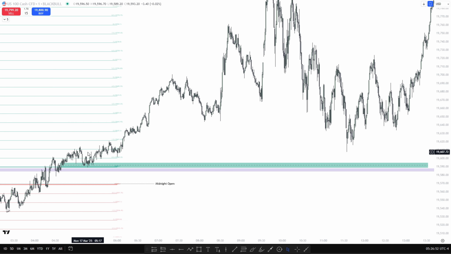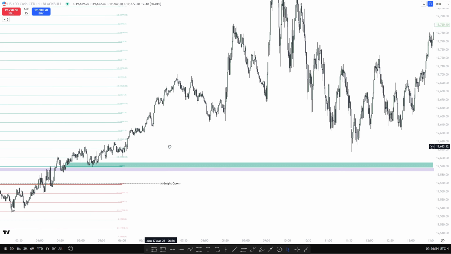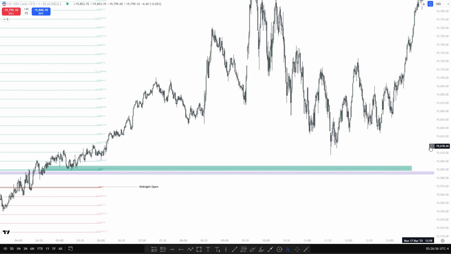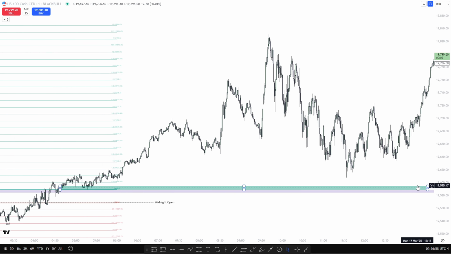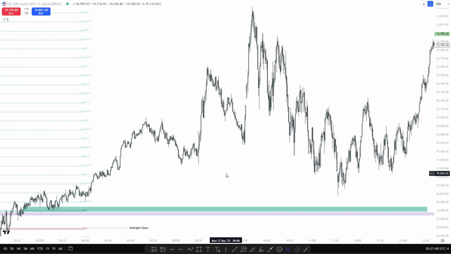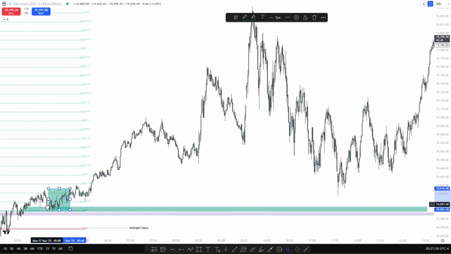And if you see here, in terms of market maker models, so you have the market maker sell model here at 10 o'clock. The market maker sell model, when you're trading it, you want to identify your original consolidation that you will be trading towards. Okay, this is your original consolidation.